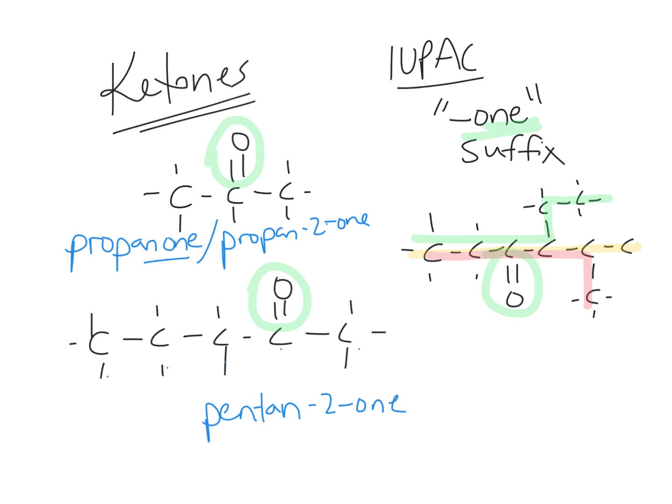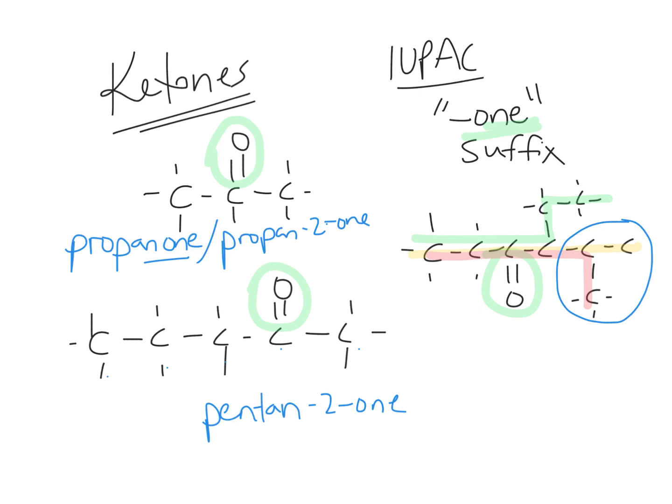Well, the red one and the yellow one turn out to be the exact same thing. If you don't believe me on that, pause it and have a look, and you'll see that they're one and the same, the yellow and the red. The green one is a little bit different, and what the green one would do is generate a very large alkyl group, a 3-carbon isopropyl group on the end.